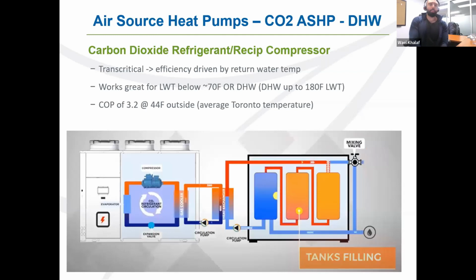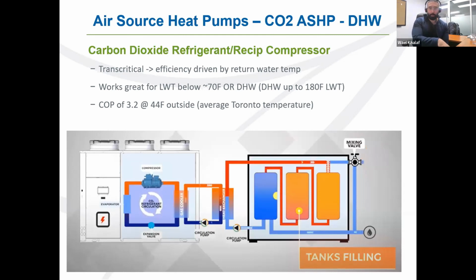Here's another one we're seeing a lot of interest in: using a CO2 air source heat pump for domestic hot water production. And again, we're using transcritical refrigeration here because we're using CO2. It works great on large temperature differentials, which is ideal for domestic hot water production because your domestic water in Ottawa, for example, we always assume is coming in at 40 degrees Fahrenheit, and I want approximately a 100-degree rise.